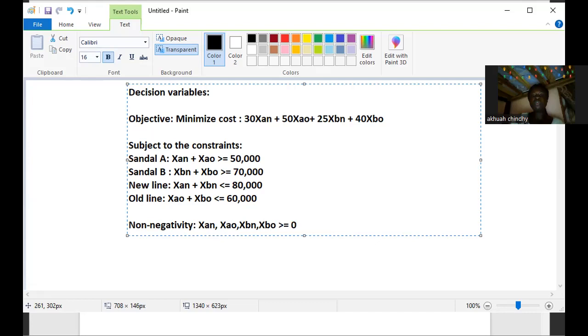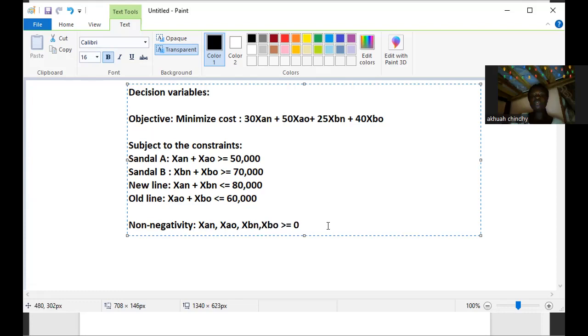It can be none, that's when you produce nothing for sandals A on the new line, it can be 0. But it should either be 0 or greater than that. I've combined all because they are all greater than or equal to 0. You get that? Okay, so that's how we formulate our linear program.